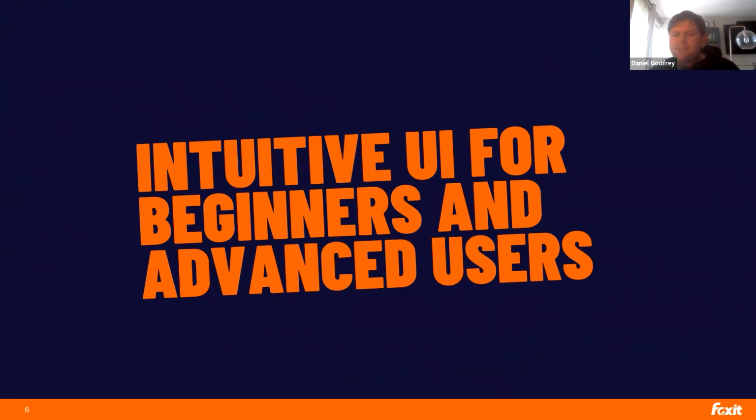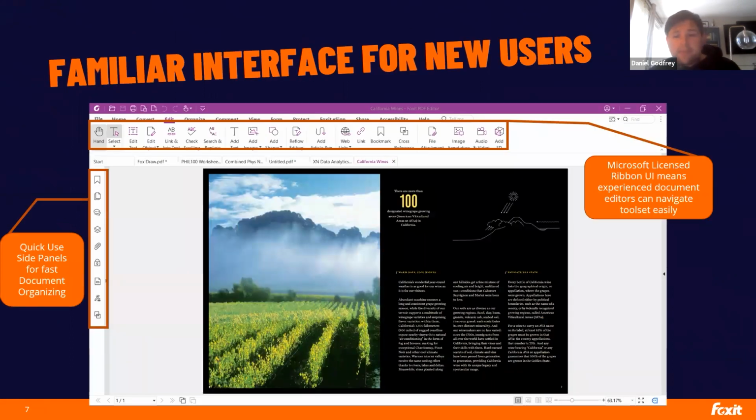So intuitive UI for beginners and advanced users is definitely a big draw. We have an easy to use, easy to jump right into software that people are used to. One of those main reasons is that we actually have a Microsoft style ribbon bar. We had originally actually used licensed Microsoft ribbon elements for our software.